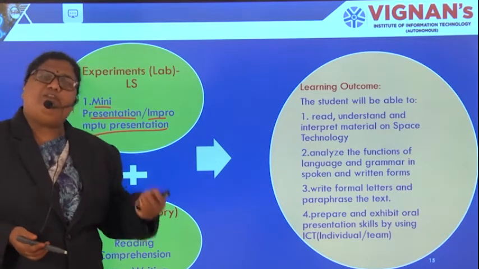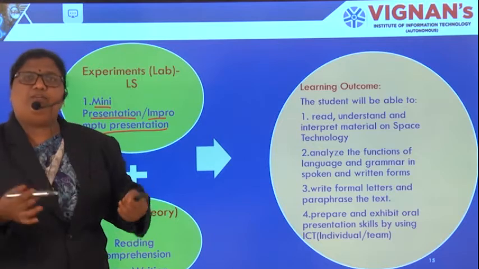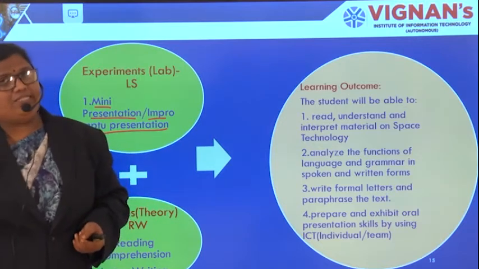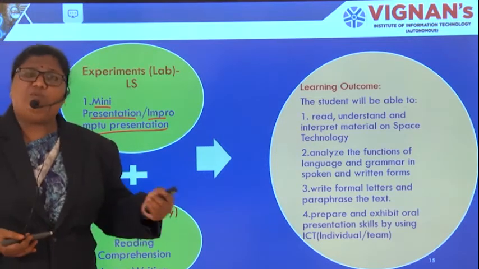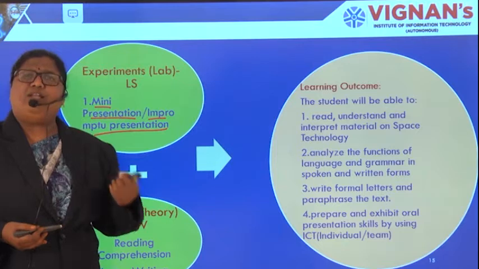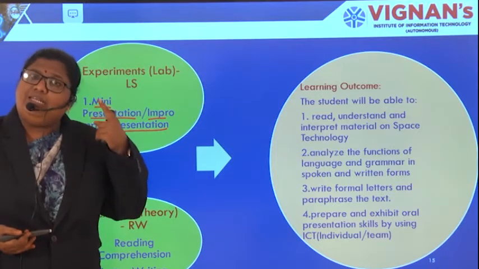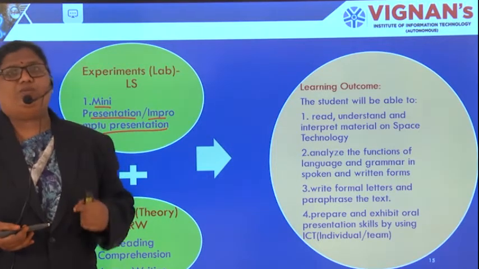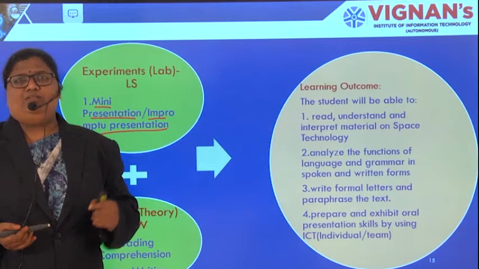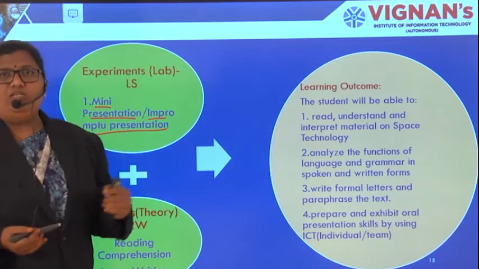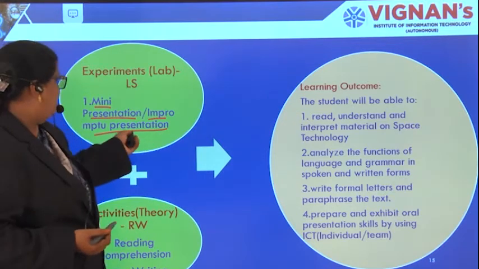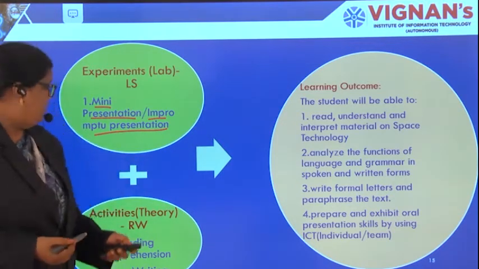In elocution, you'll be given some time to work on the concept and then you speak. But in extempore, we give you a topic and 1 or 2 minutes' time. You have to ignite your mind and speak. That's very, very important. So that is this task, impromptu presentation.